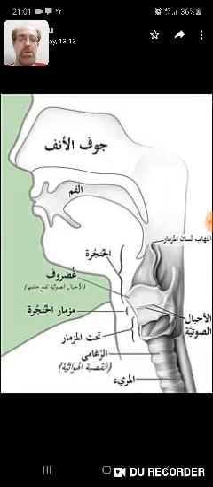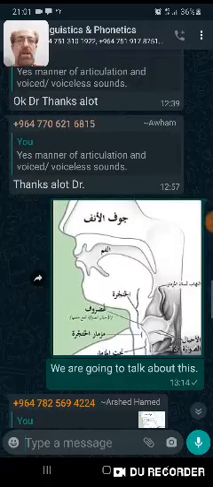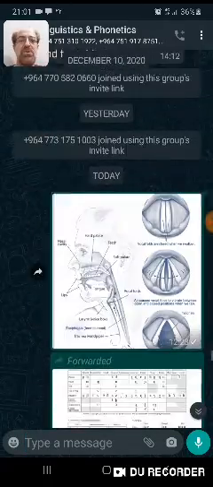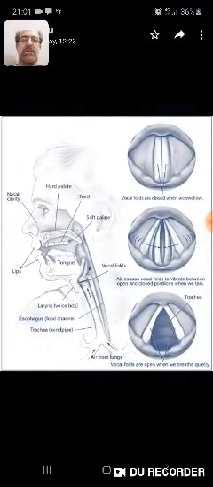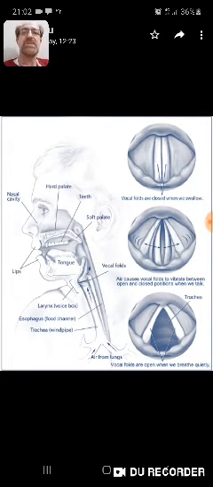I'll go to another page that I gave you. This is another page for the phonetics of sounds, as well as for medicine. It is part of your anatomy, and we are going to talk about it.